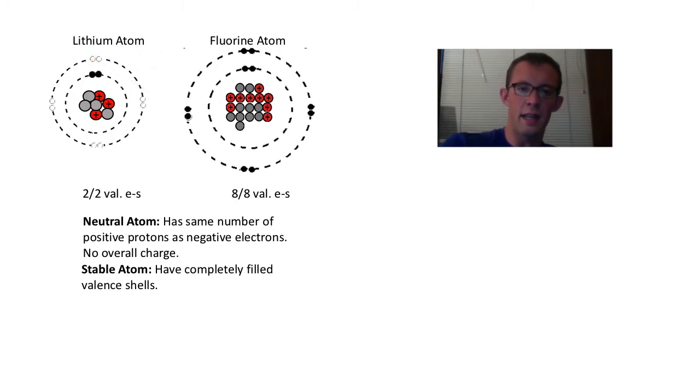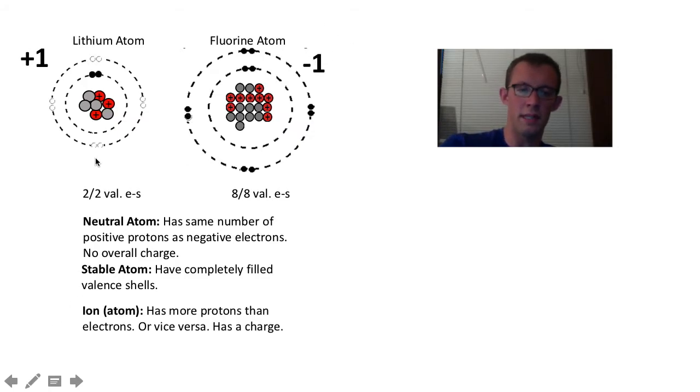Now that said, these atoms are no longer neutral. Because the lithium atom has 3 positive charges, and now it only has 2 negative charges, its overall charge is no longer 0, it's positive 1. It has 1 more positive than negative. And the fluorine atom, because it gained an extra negative electron, now has a charge of negative 1.